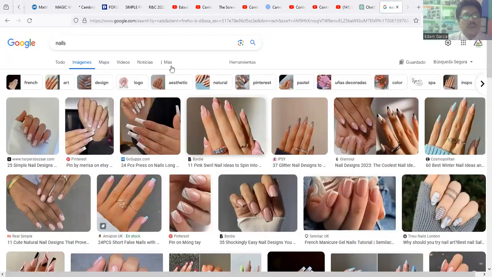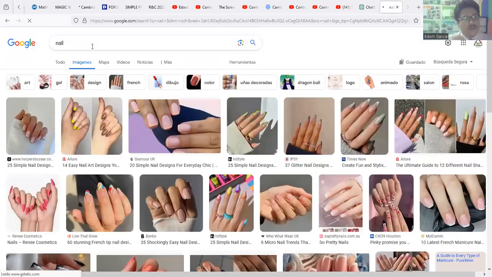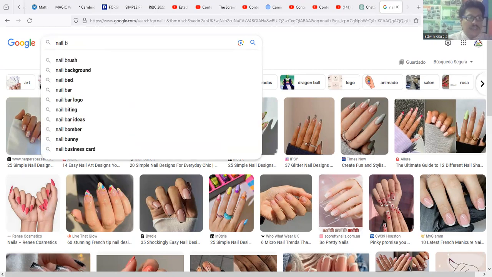But we can talk about the nail like a tool. If we use just nail, we are going to find this, not the tool, because we have one word for different meanings. For example, nowadays it's common to use this term, nail bar.